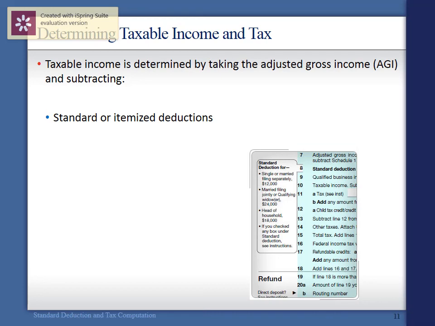What is left after we take the difference is the amount of income that is taxable, and we refer to that as taxable income. We then take that amount of taxable income, use our tax rate schedules dependent on the taxpayer's filing status, and determine the actual amount of tax that is due on that income.